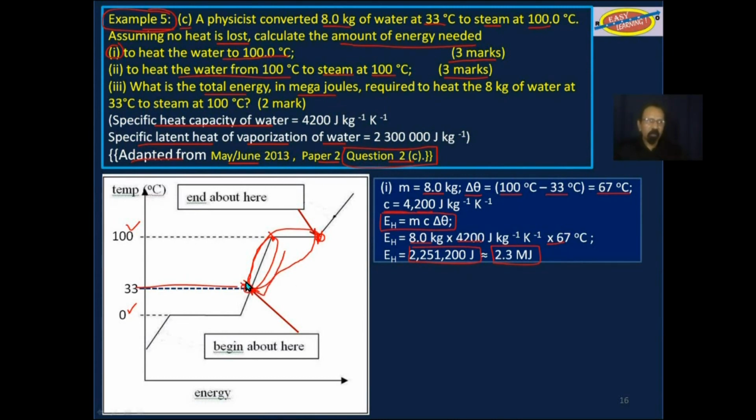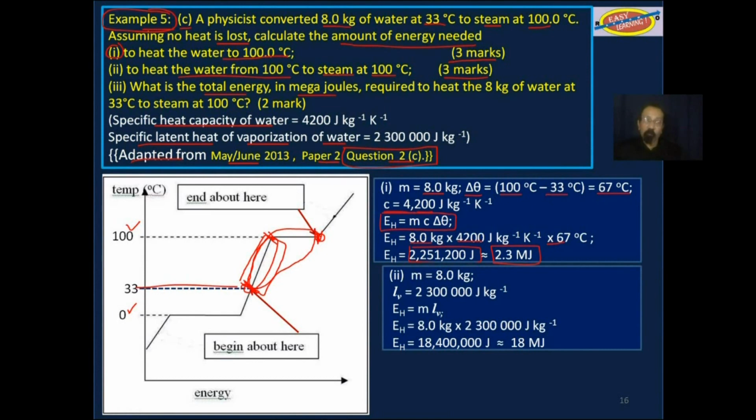So that is the first part. From here to there requires 2.3 megajoules to heat the water from 33 to 100. Now, we need to vaporize that water, all 8.0 kilogram of it, at 100 degrees to vapor at 100 degrees.